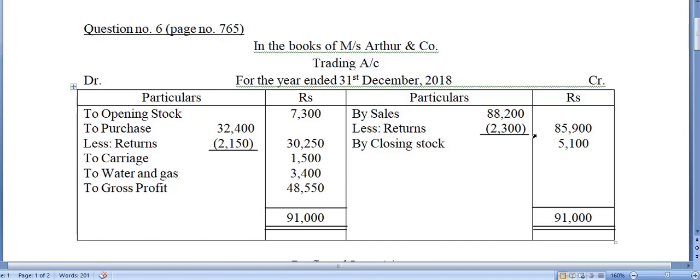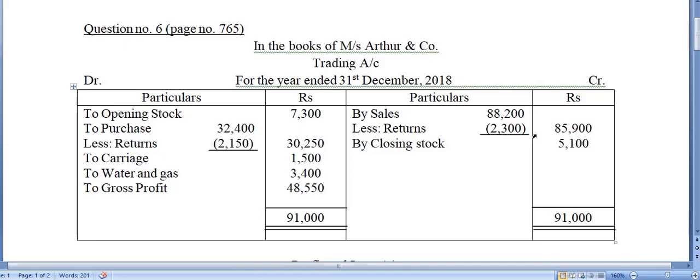For example, if goods were distributed as free samples, that adjustment will appear in the trading account and P&L account. Please keep this in mind. This is a very, very important chapter, final accounts.